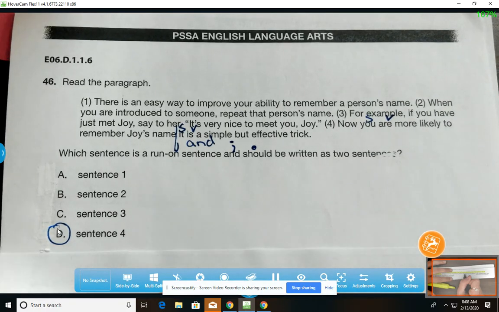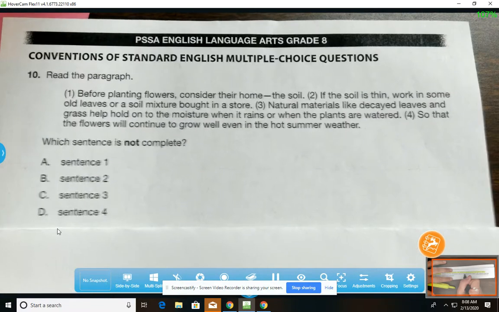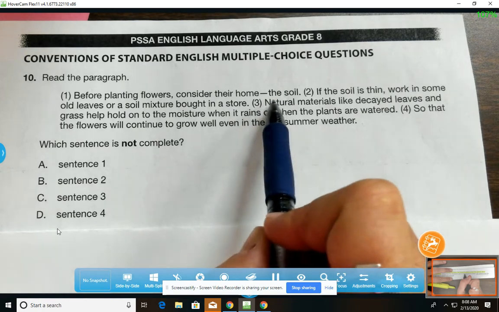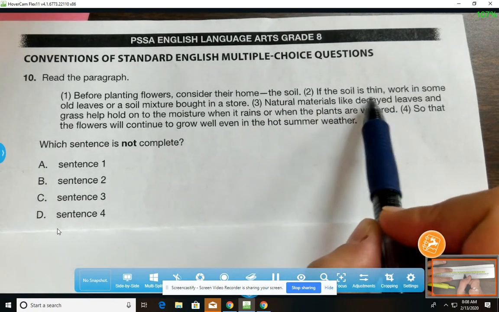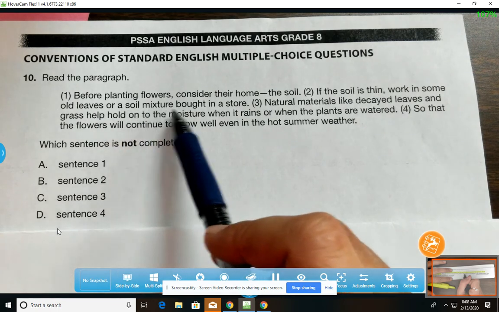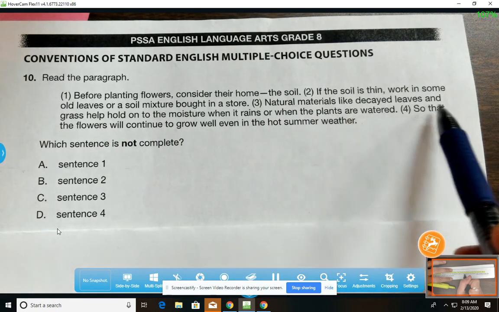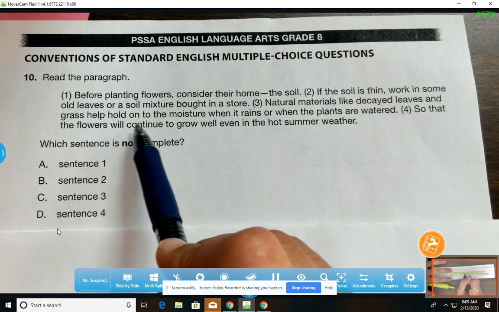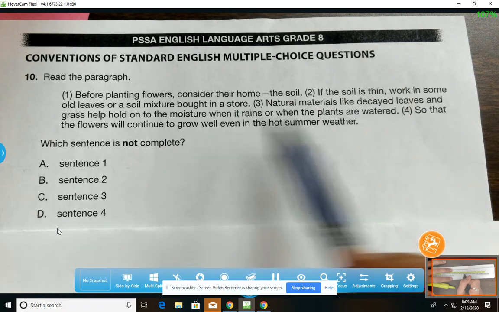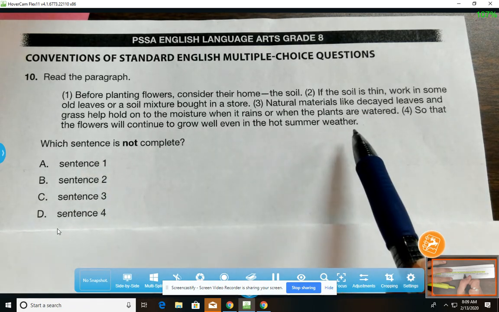Let's try another one. Read the paragraph. Before planting flowers, consider their home, the soil. If the soil is thin, work in some old leaves or a soil mixture bought in a store. Natural materials like decayed leaves and grass help hold on to the moisture when it rains or when the plants are watered, so that the flowers will continue to grow even in the hot summer weather.